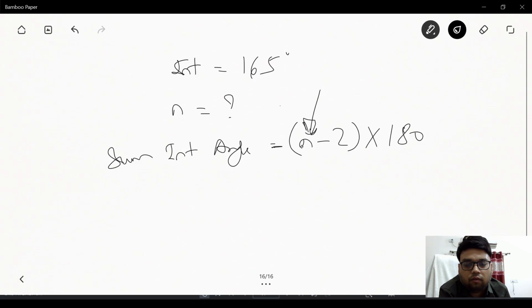This one is our formula, and each interior angle here is 165 degree.